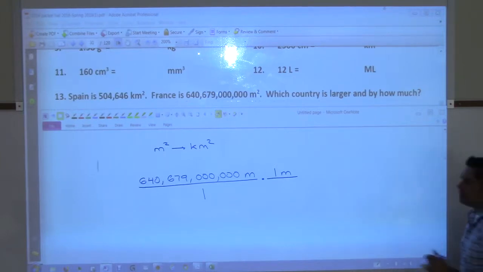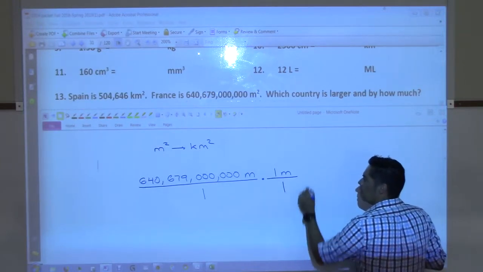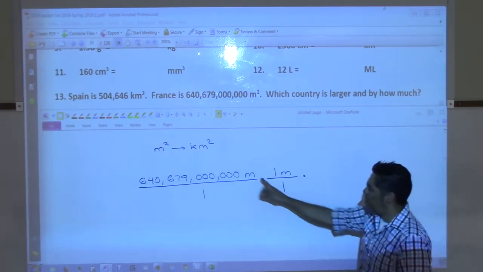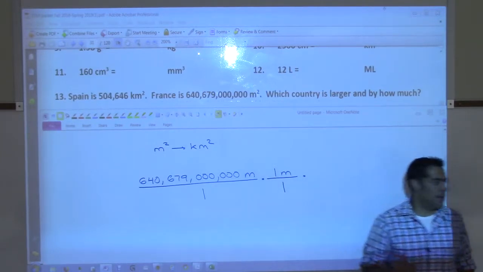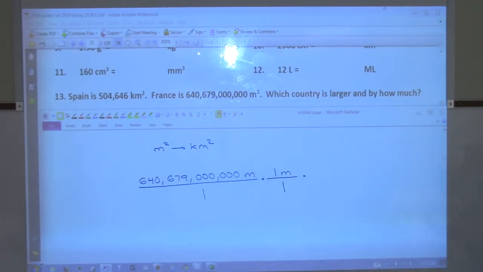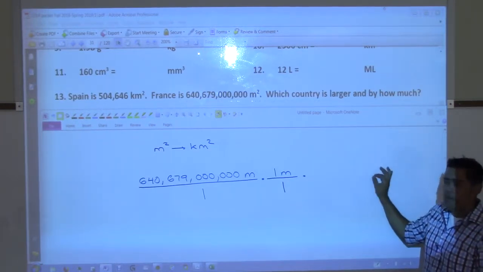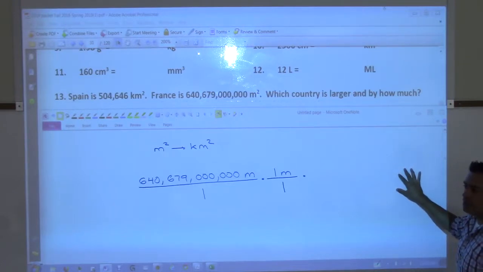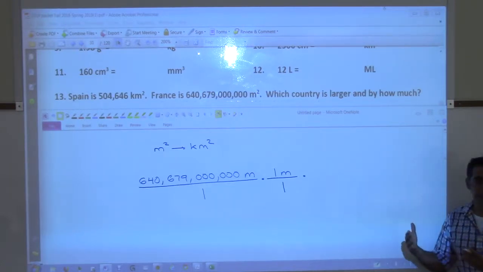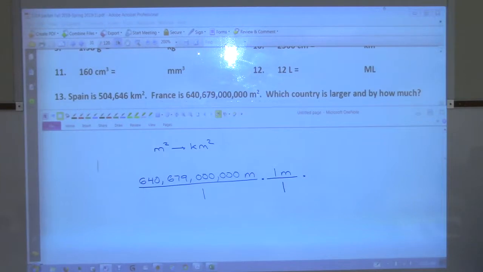And then from here, now I try and convert each of these 2 different meters over to kilometers. So how do we go from meters to kilometers? Now, in the metric system, you just move decimal points, right? But let's do a conversion factor. Do we know how many meters there are in a kilometer? So let's go to the table and take a look.